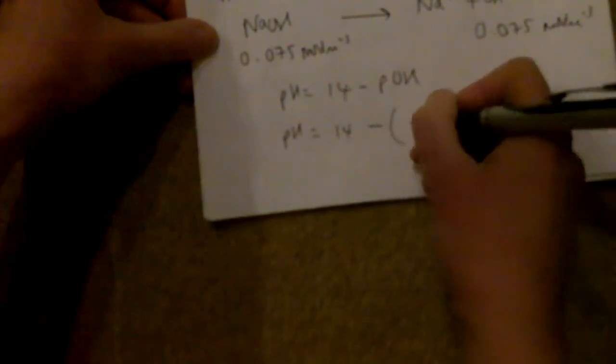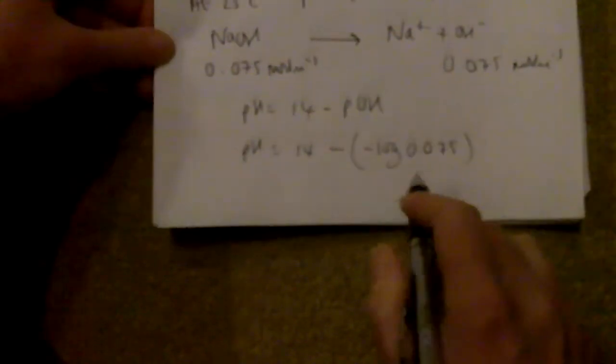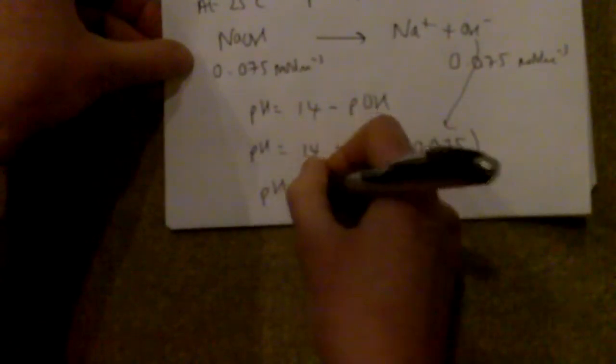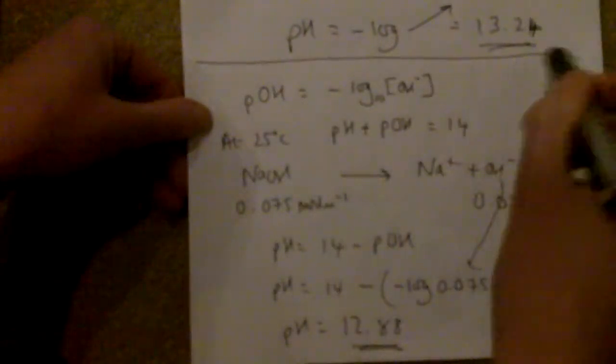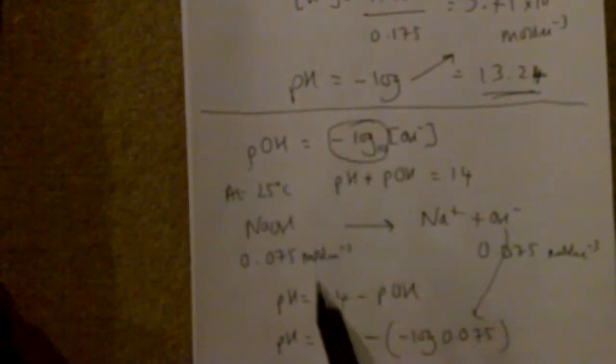So we can do pH equals 14 take away minus log to base 10 of the OH minus concentration, and this is without using Kw, and that will give you exactly the same pH, 12.88. So this is a shorthand method. When you see the P, it just means minus log 10, and we use it to make the numbers more manageable.